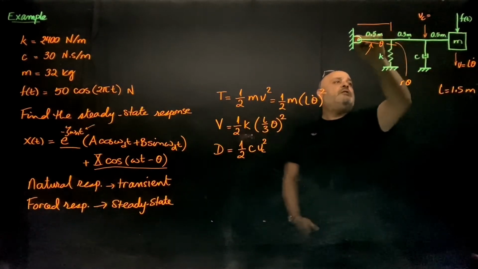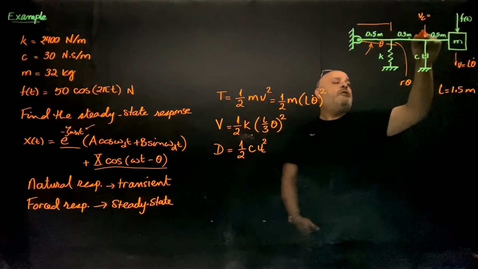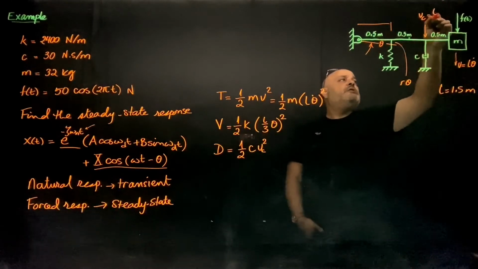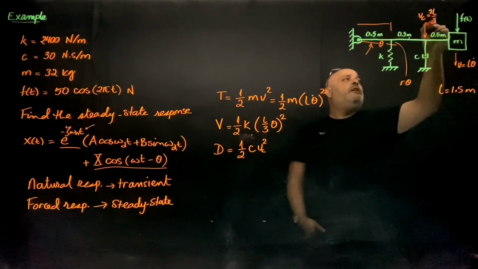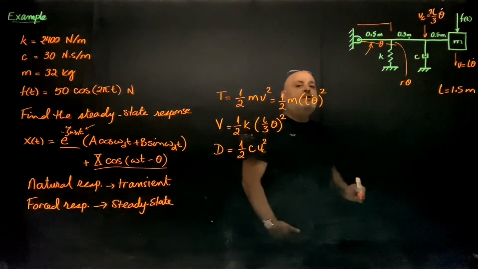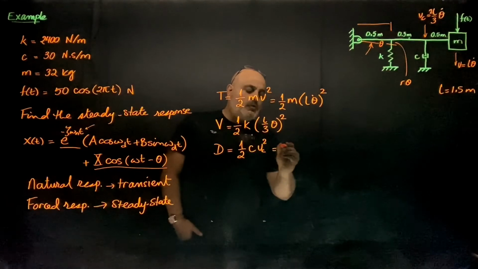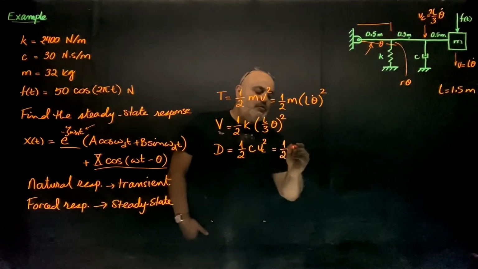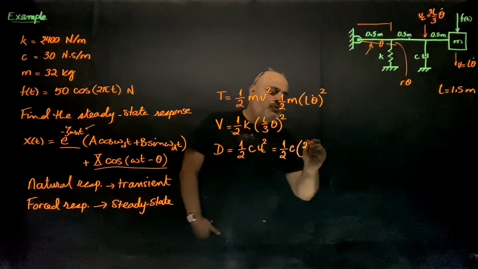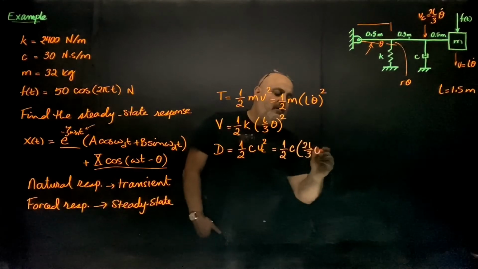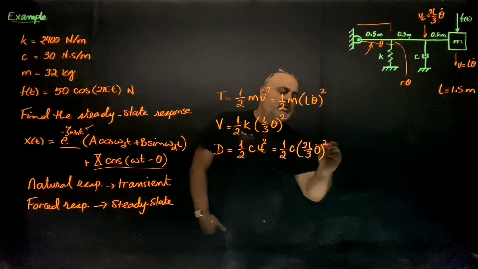So the radius in this case is 2/3 of the length of the beam. So it's 2L/3 theta dot. So this is 1/2 C times 2L/3 theta dot all squared.